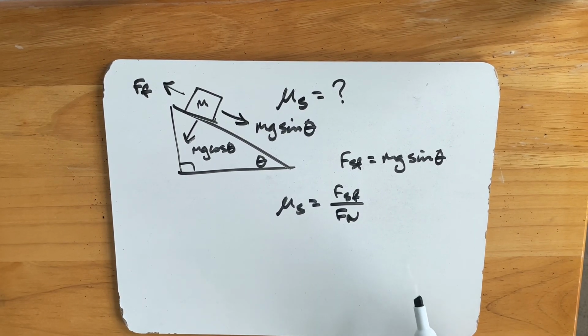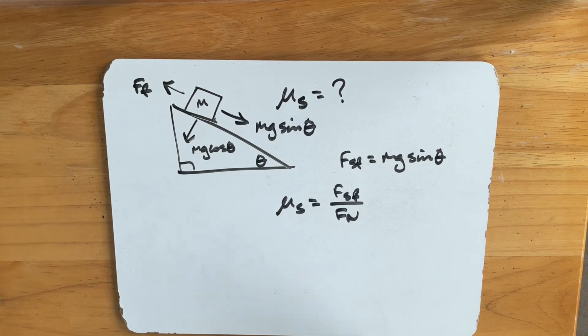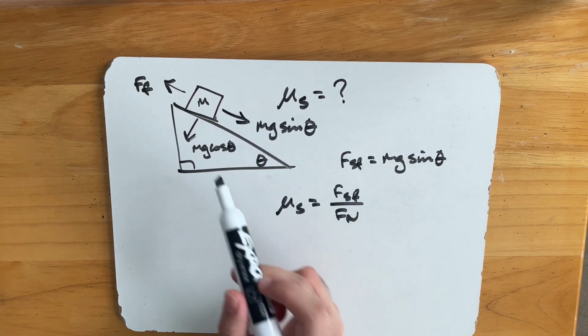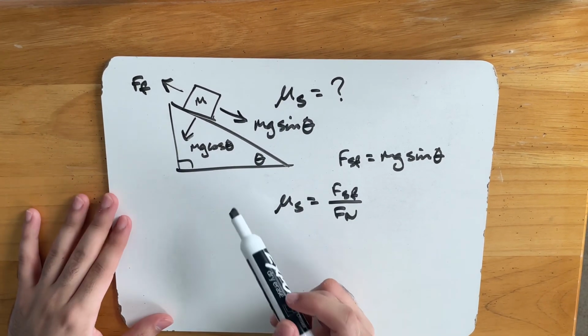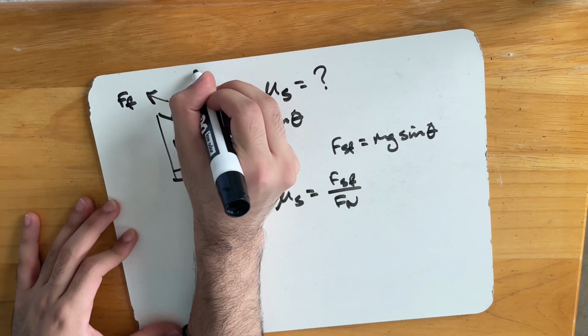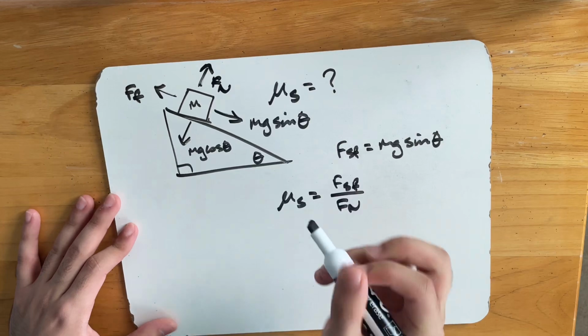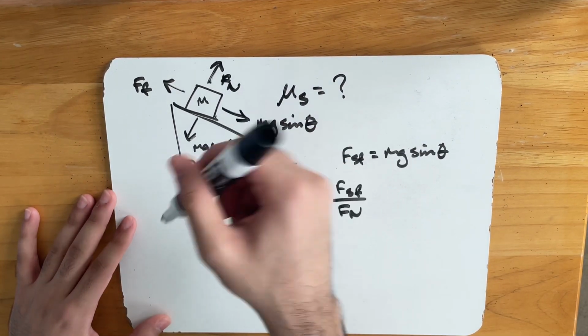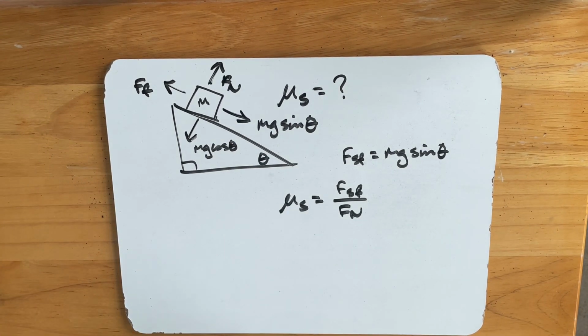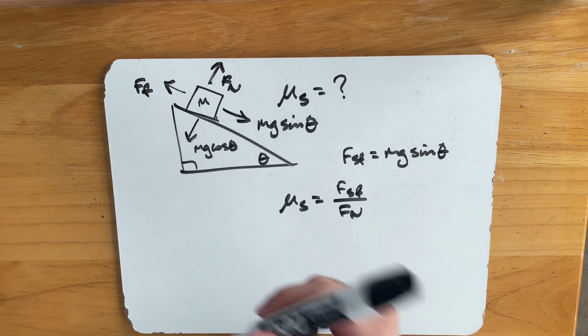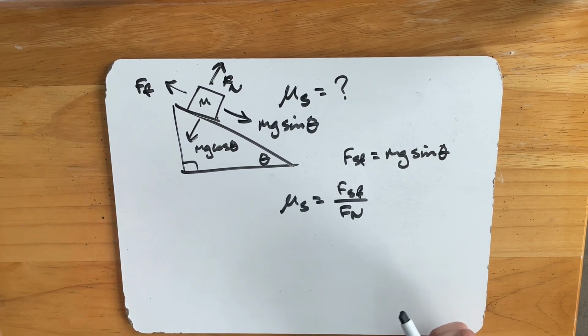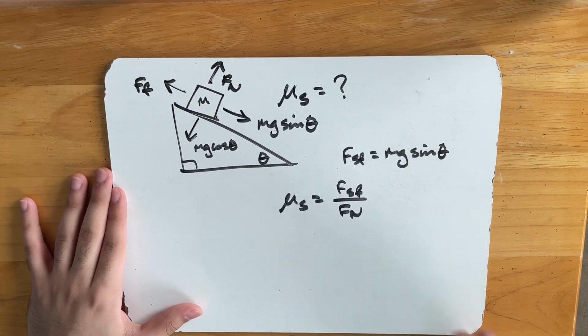We should figure that out. We know the force of static friction. The normal force is also mg cosine theta, because the normal force goes in the exact opposite direction to the component of gravity perpendicular to the slope, the ramp, sorry. So yeah, that's basically it.